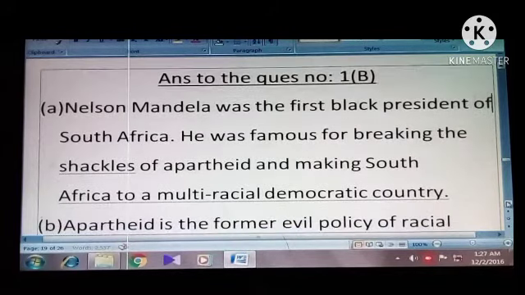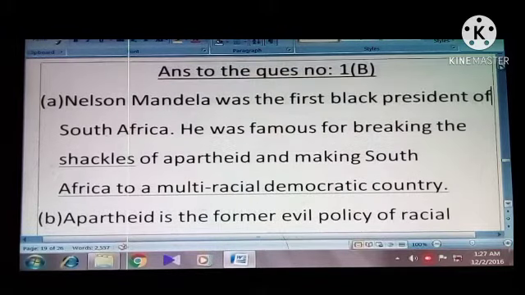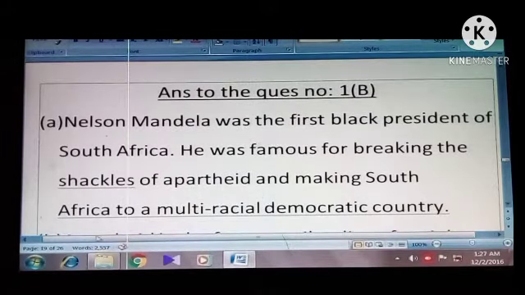In answer we can write, he was famous for breaking the shackles of apartheid and making South Africa a multiracial democratic country. Short question, so we have to give a short answer.